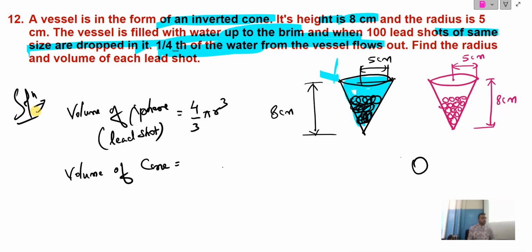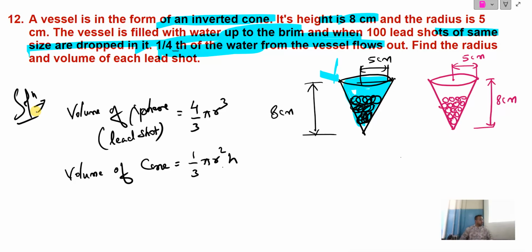You understood my point? Now, as we know, the amount of space the lead shots occupy in the total volume, the same amount of water flows out. How much amount of lead shots goes inside, the same amount of water flows outside.